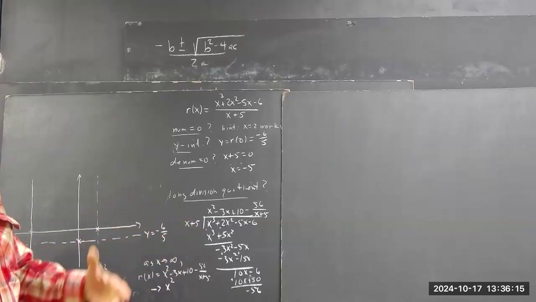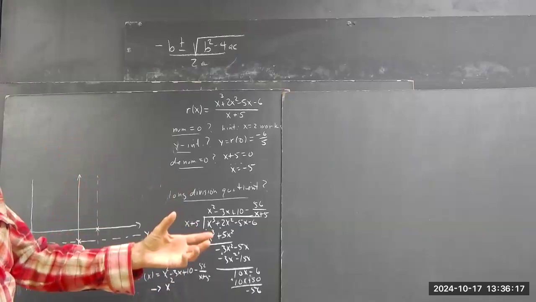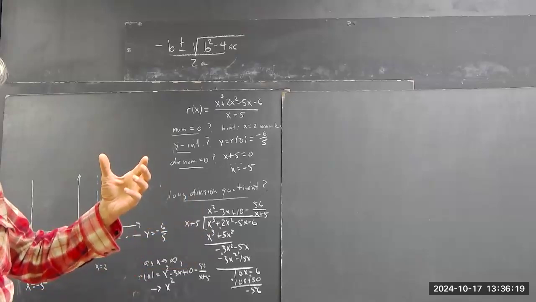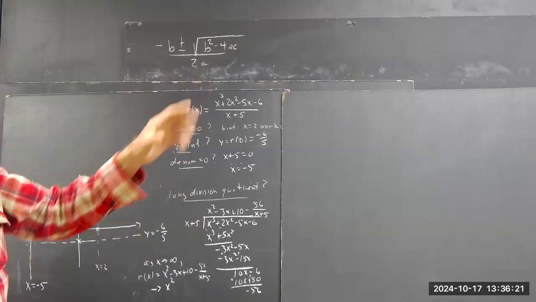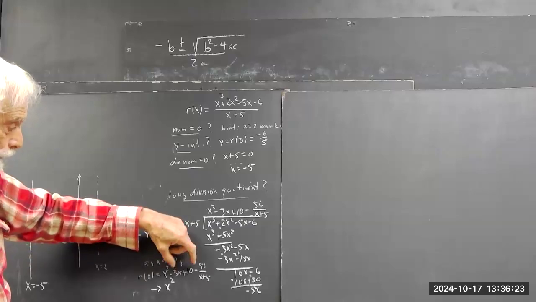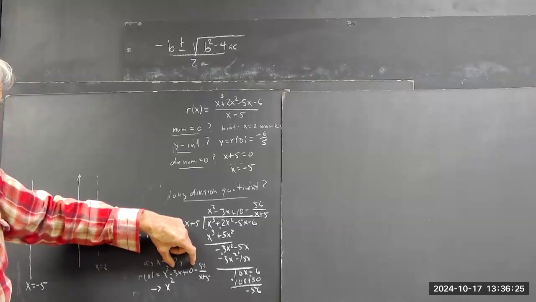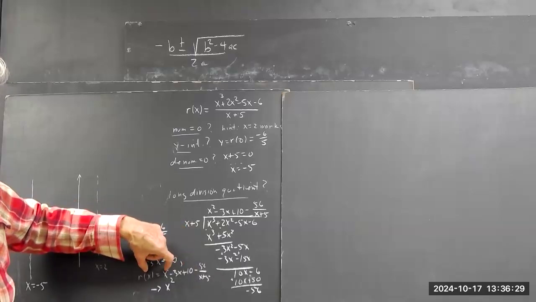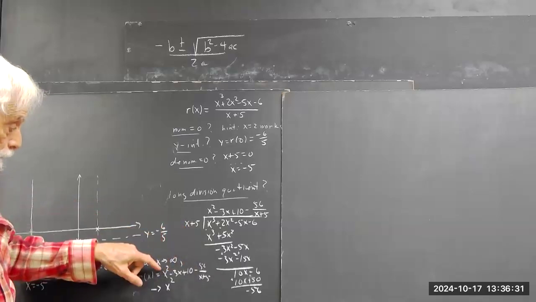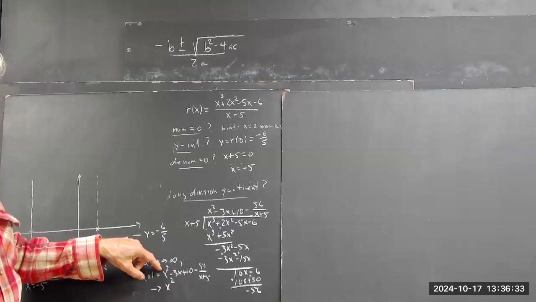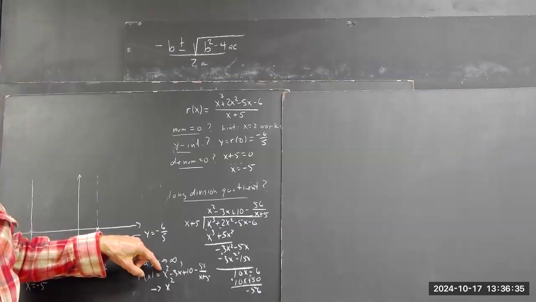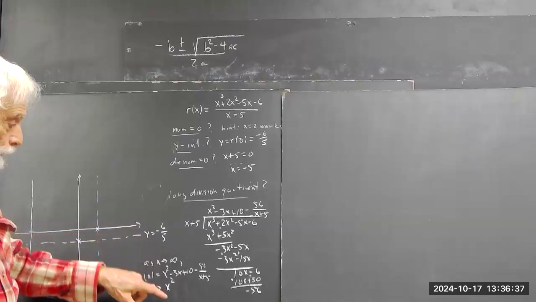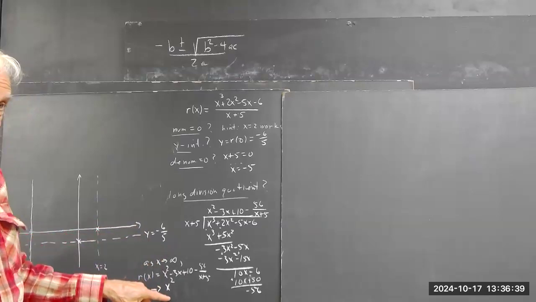You take 3,000 away from 1,000,000, you get 997,000, which is close to 1,000,000. These numbers here end up not amounting to a hill of beans when x gets big enough. x squared is more powerful. That's why we call it a power function. The highest power tells you how r of x behaves.